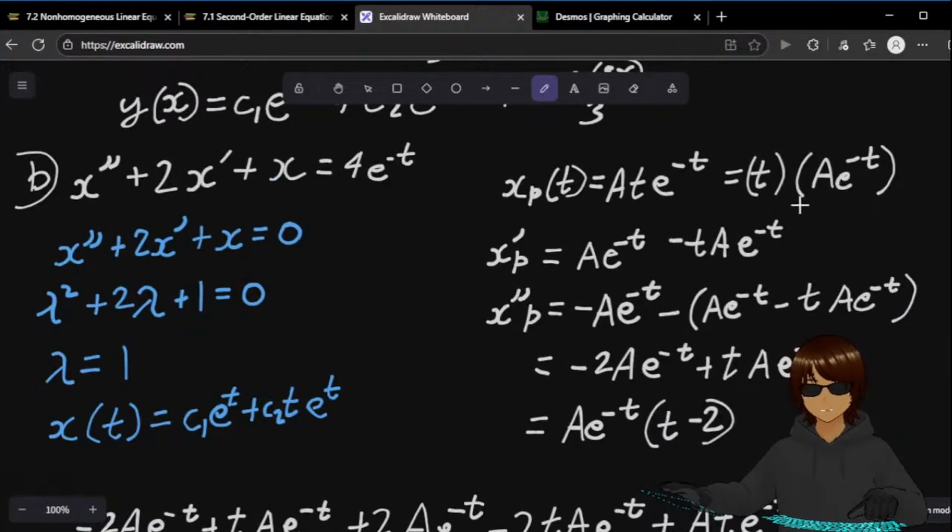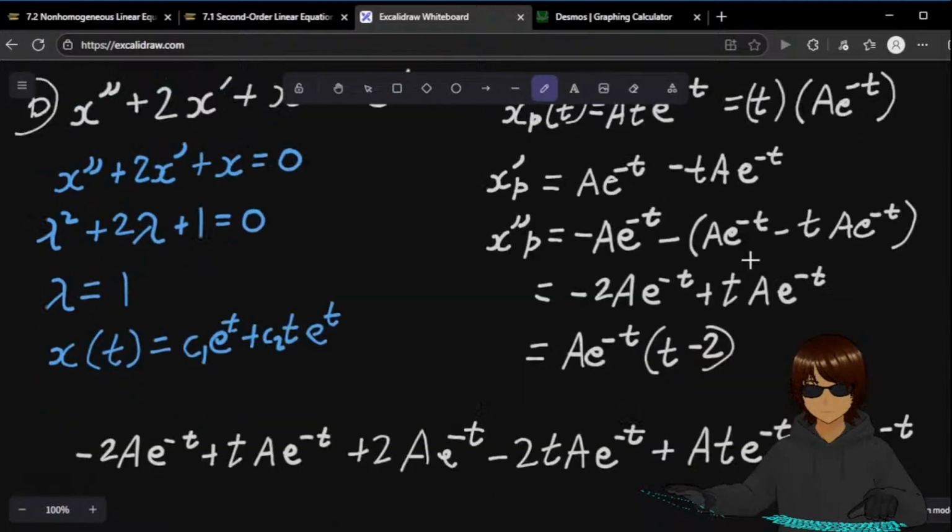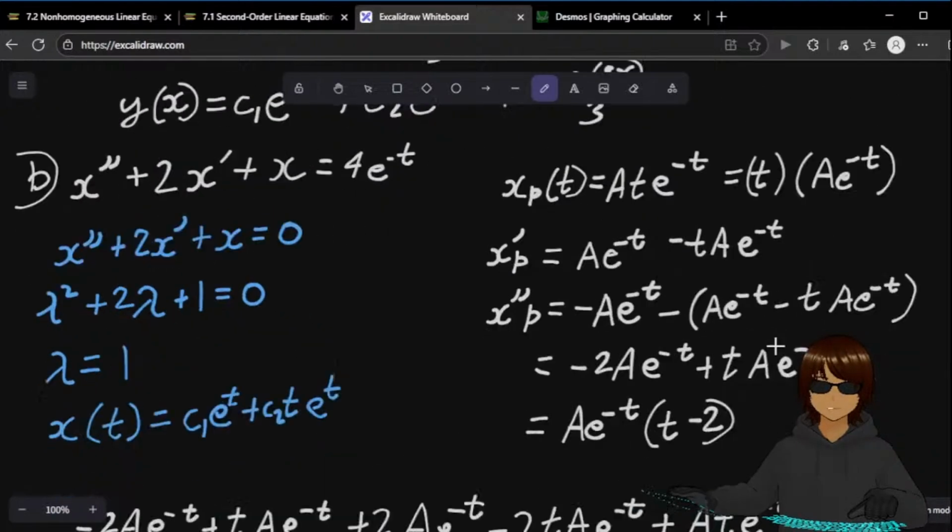Derivative of the first times the second. That's the first times the derivative of the second. This is just this. Minus derivative of the first times the second. The first times the derivative of the second. So we have this and this minus 2, okay, plus this.